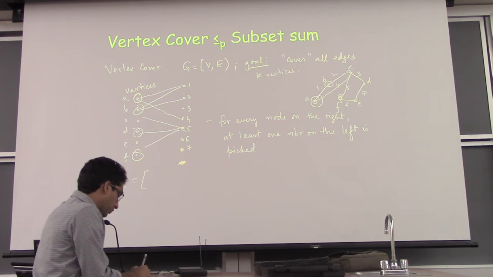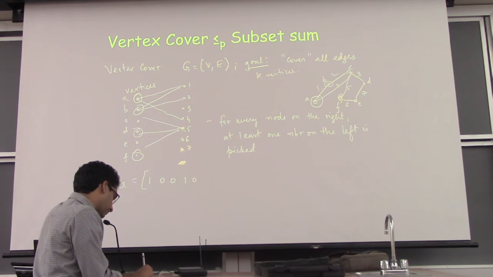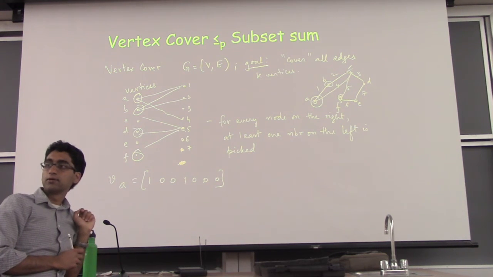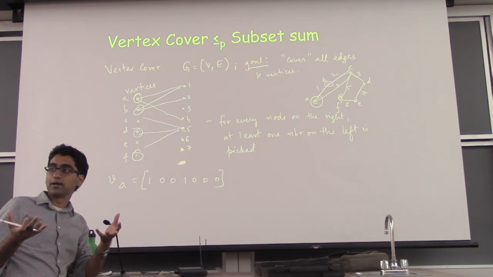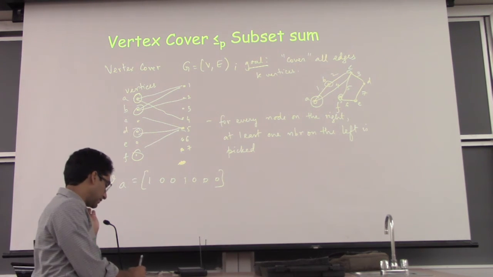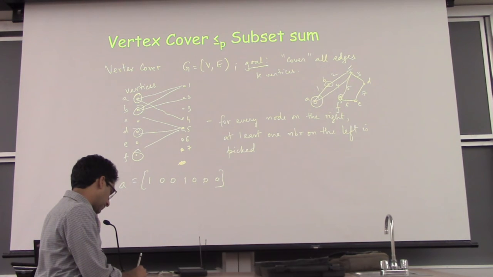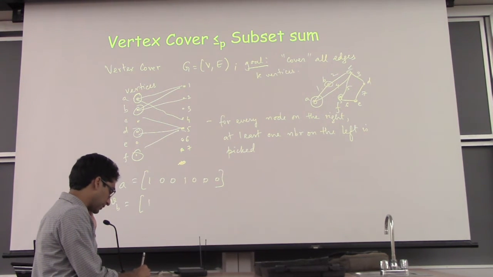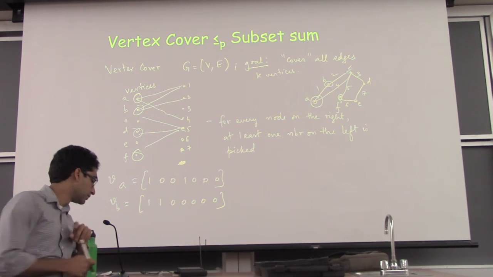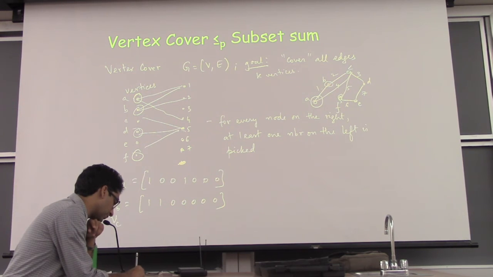So let's say I put a 1 in positions 1 and 4 and I put zeros everywhere else. So this is what is called the adjacency matrix type representation for a bipartite graph. Okay. So you have V_A and you have V_B, which is, so B is connected to 1 and 2. So I'll put a 1 in positions 1 and 2 and I'll put 0 elsewhere. And similarly you have V_C and so on.